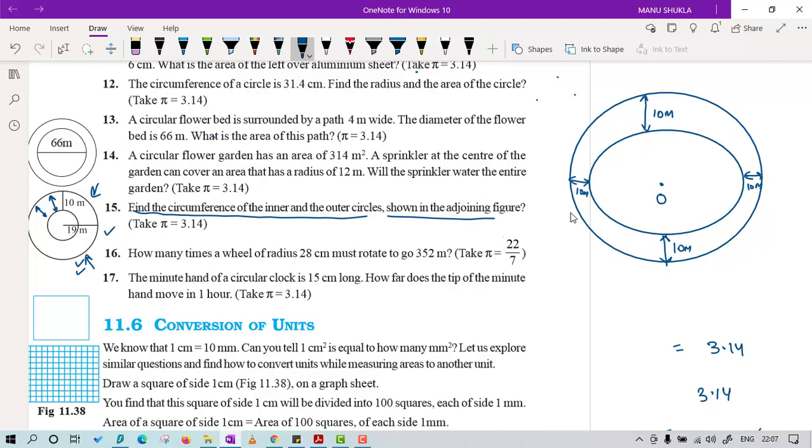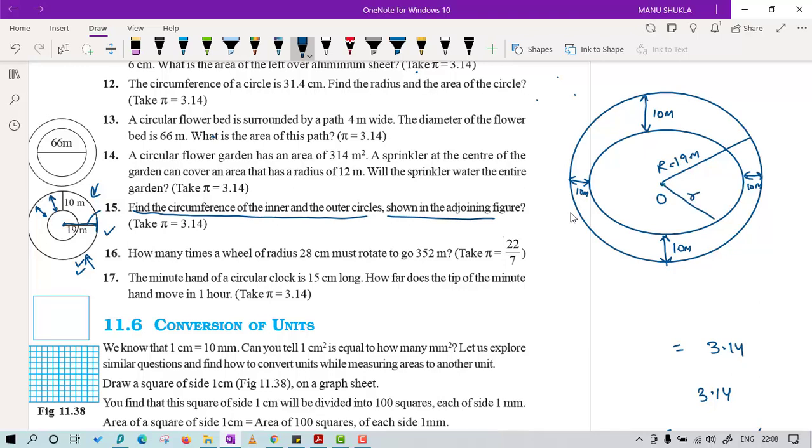Now they are saying that from the center till the end is given to you. So what should we take it? Should we take it small r or capital R? Obviously, if we are covering till the outer circle, it is better to take it as capital R. So from this point to this point, they are telling it is 19 meters. Let me call it capital R. Now what is this value, small r?